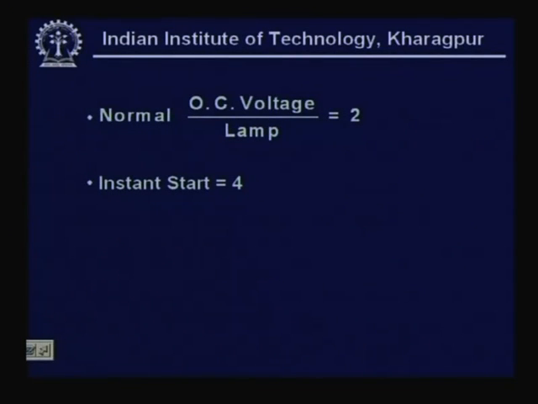So you do find that it may take a few cycles. That is why we can see the flickering of the lamp before it glows. So in order to have instant start, the design is done in such a way that this ratio is kept around 4, and then the lamps are called instant start.